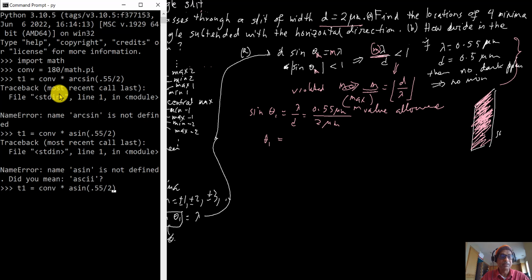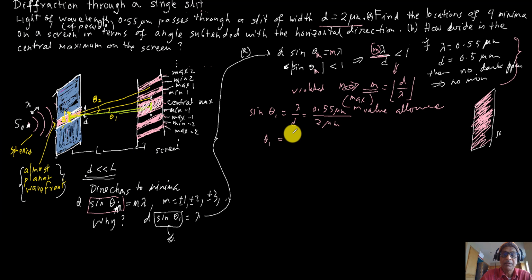Okay, so theta 1 is 15.96 degrees, which we can just round to 16 degrees. So that's the answer for A1.